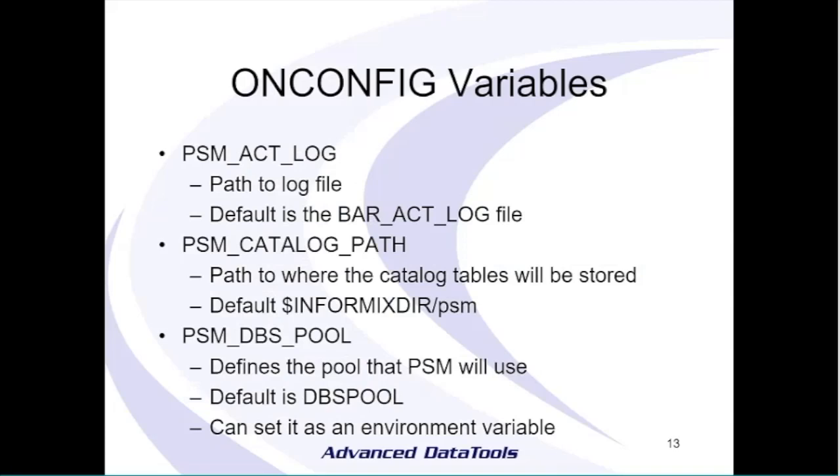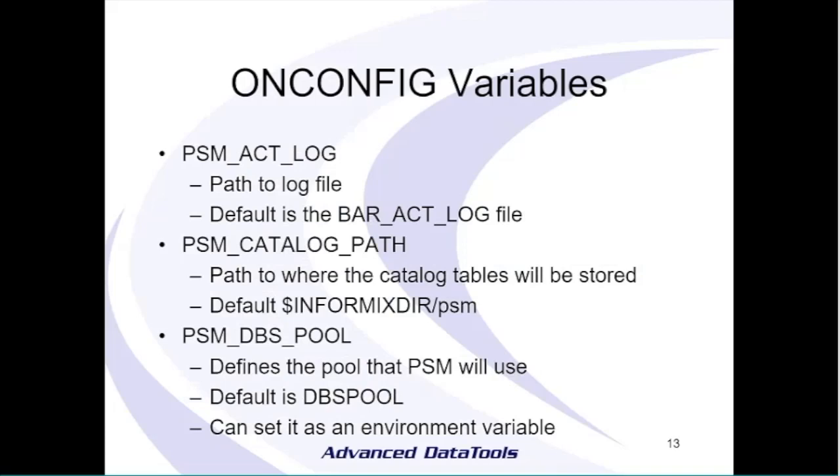If you've already got the BAR_ACT_LOG set, it'll write to that if PSM_ACT_LOG is blank. There's the catalog path. If you want to put the catalog into a different location, you can set that. You can actually set the PSM_DBS_POOL if you wanted to predefine what the DBS pool is called, or if you want to change what the DBS pool is called. You can also use this as an environment variable.